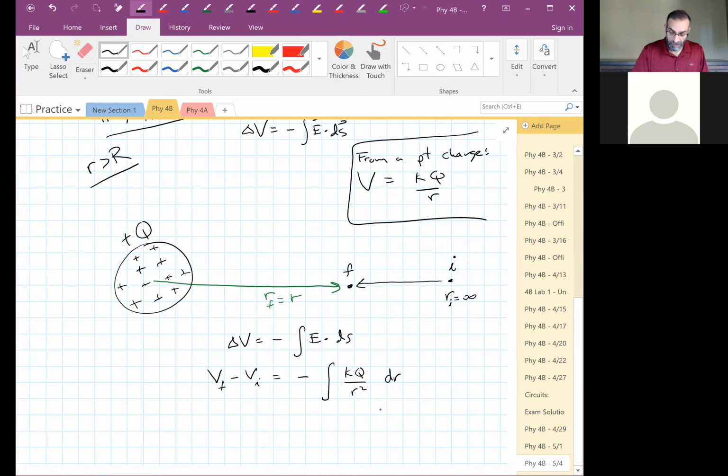Now, the dot product, how do I deal with that dot product? So my ds is this direction. The electric field points this direction.